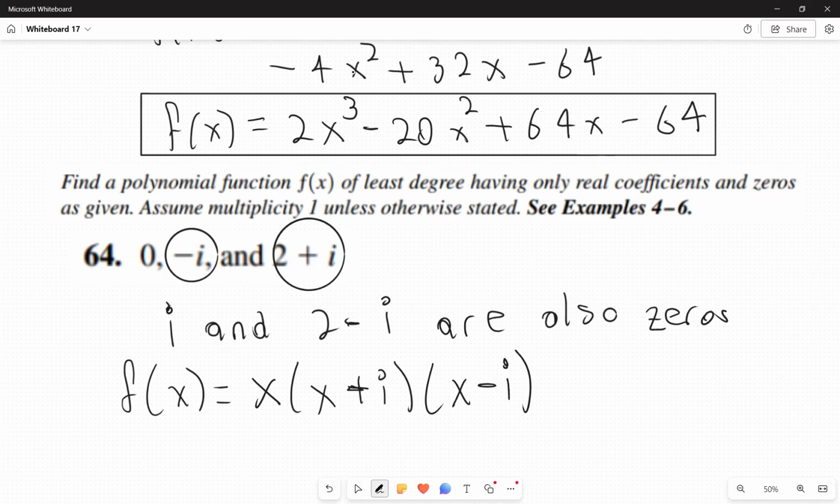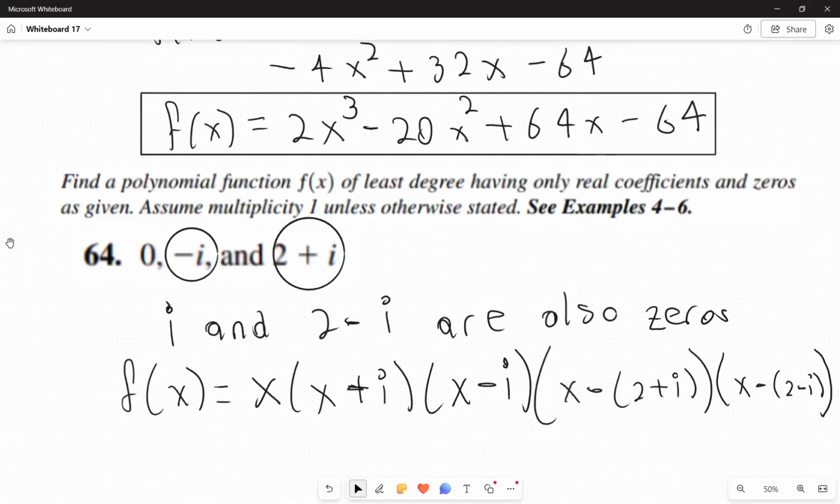And x minus 2 plus i is a factor, and x minus 2 minus i is also a factor. So that's the polynomial in factor form.